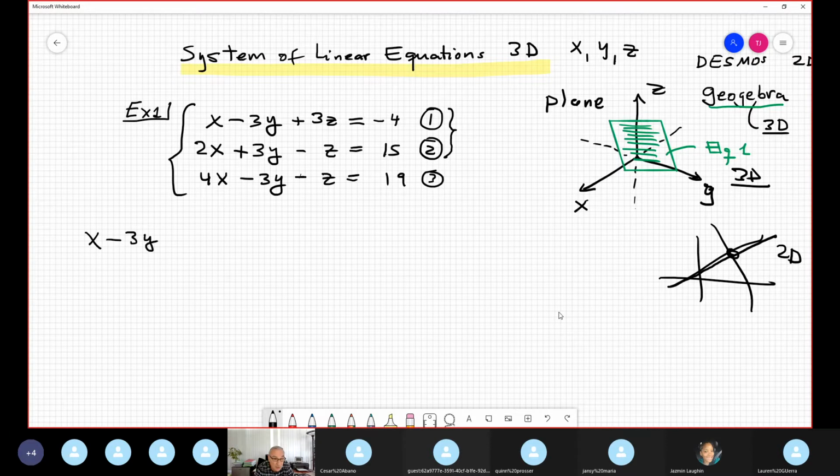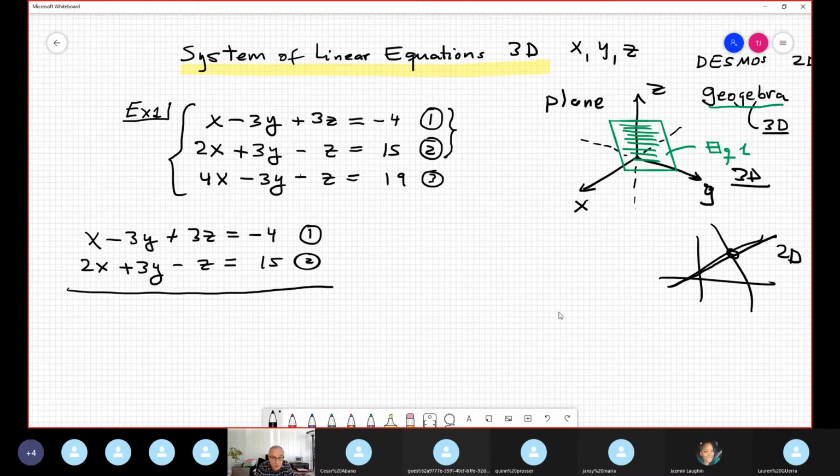I copy again my equation 1 and my equation 2. Yeah, I can see, wow, this is ready for elimination of y, at least y. And you add by column. The column of the x is 3x. The column for the y is cancelled.